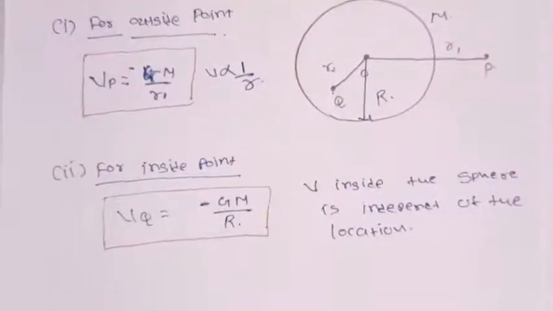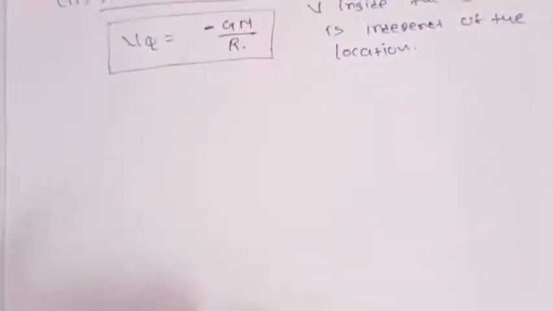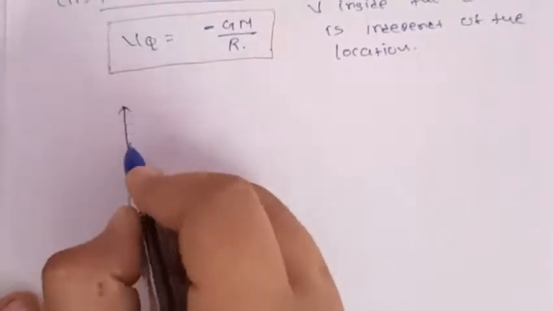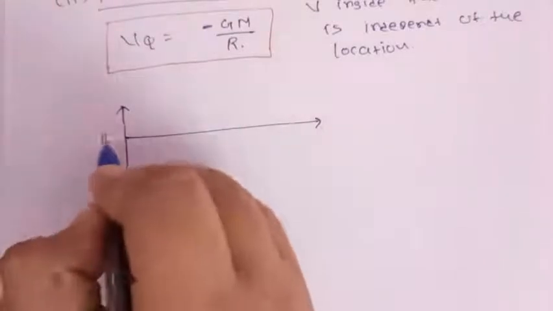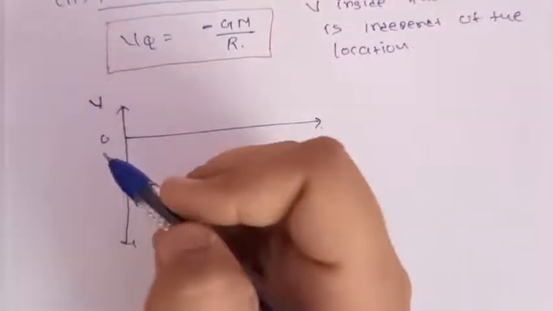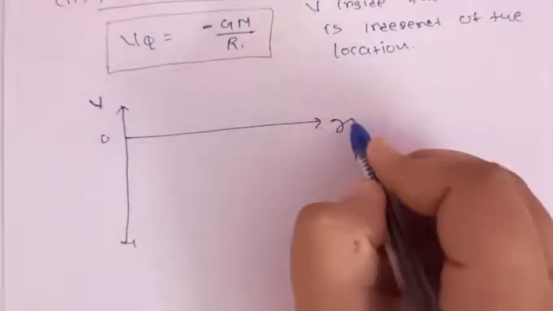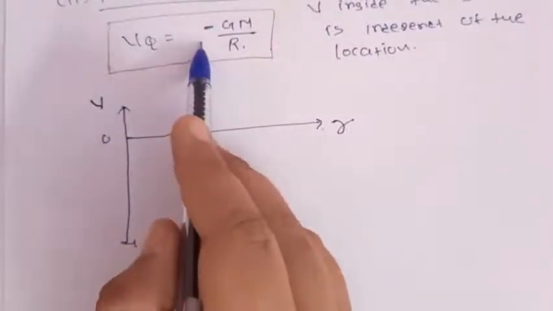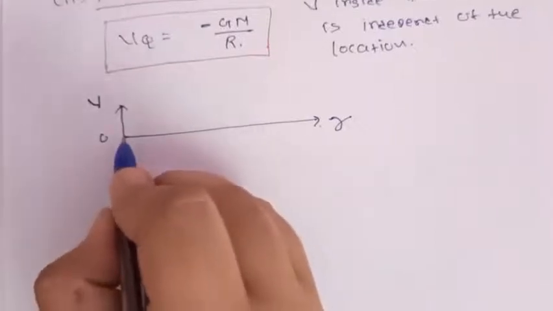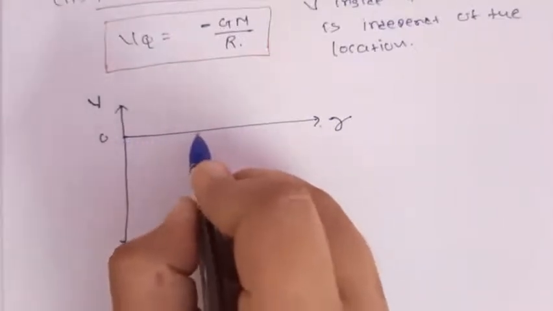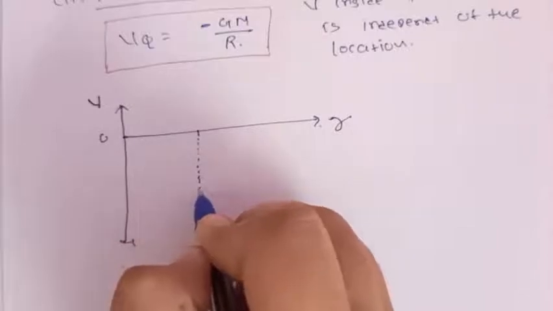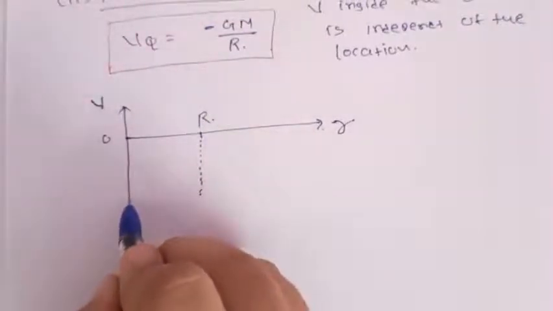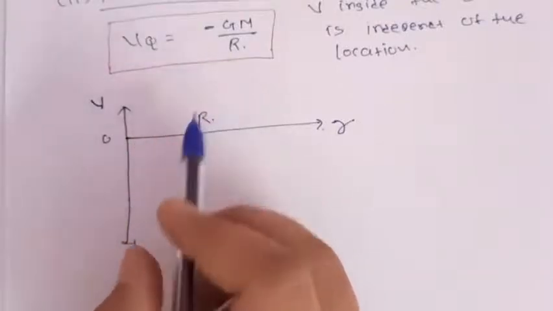So if we draw the graph for potential versus distance, on this axis, this is potential and this is the distance r. The graph will be negative because the potential is negative. This is center, from center up to the surface of sphere, that is up to the point R. This section is inside sphere, and inside the sphere potential is constant.